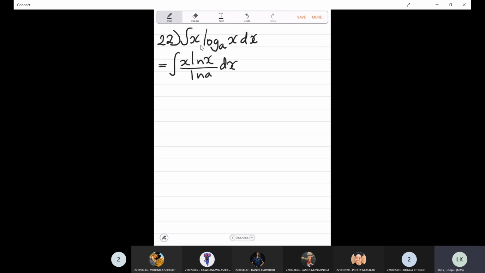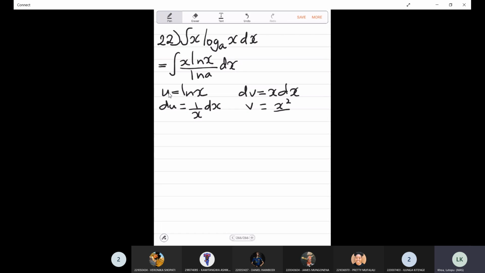But in this case, if we were to integrate ln of x, we would have to use integration by parts. So it's best if we pick u as ln of x. So u is equal to ln of x, and then dv is equal to x dx. Then differentiate, we have du is 1 over x dx, and then v is x squared over 2.